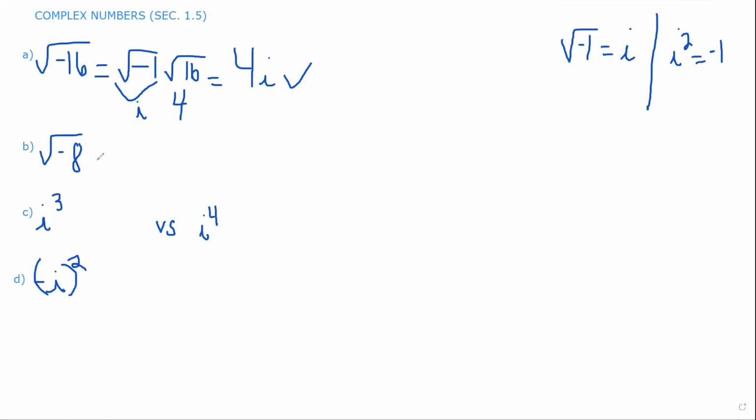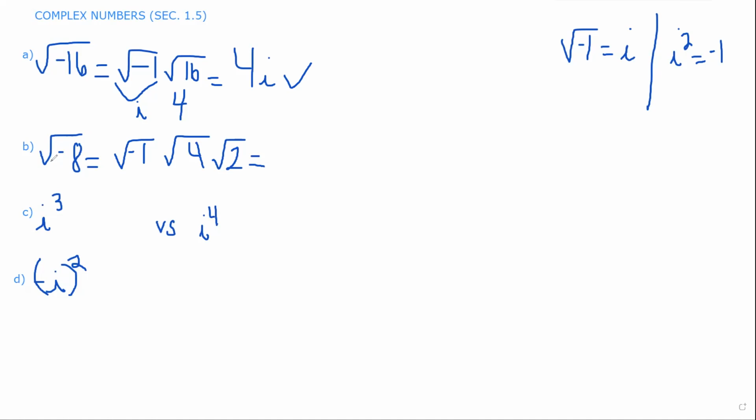Okay. Same process with model B, but we're going to manually break down the square root of -8. So with the square root of -8, we know we're going to pull out the square root of -1. Let's pull the negative out. Then let's break down the square root of 8. That'll become the square root of 4 times the square root of 2, okay?